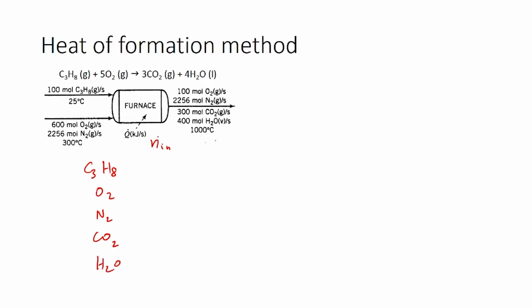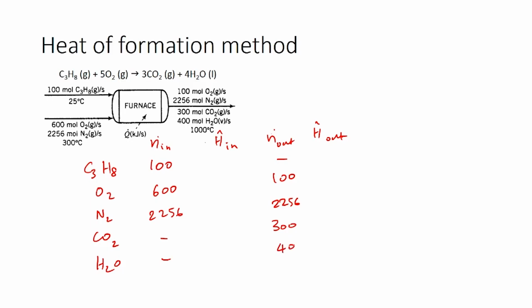You have N dot in, H cap in, N dot out and H cap out. These values are 100, 600, 2256 and 0 and 0. You do not have any propane leaving, and these values are 100, 2256, 300 and 400, and now these values have to be accounted for.